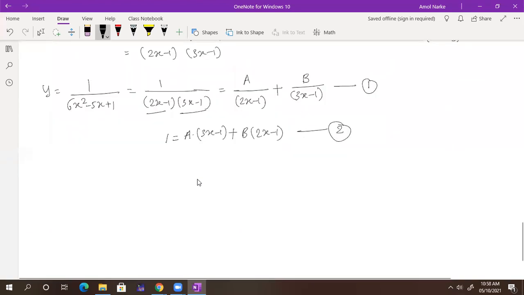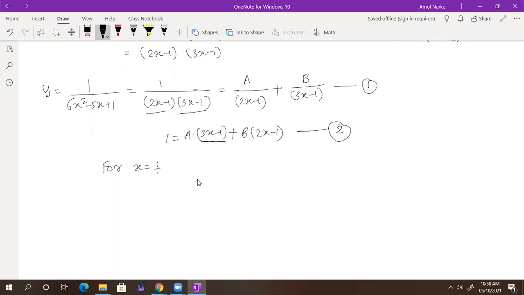For that purpose, we need to substitute values. For which value of x will I get the value of A and B? To find the value of B, I make the first bracket 0; then I will get the value of B. So for what value of x does this become 0? 1 by 3. Very good.